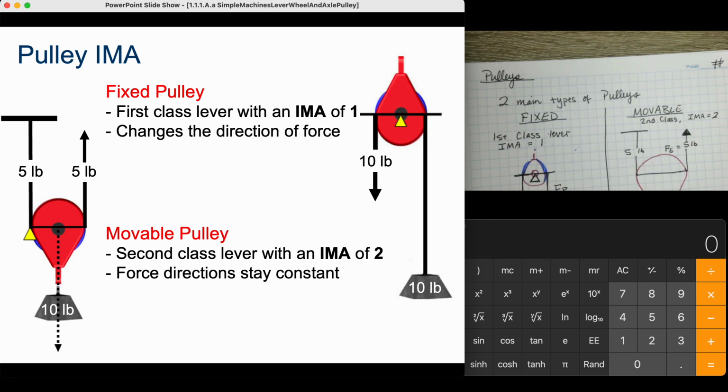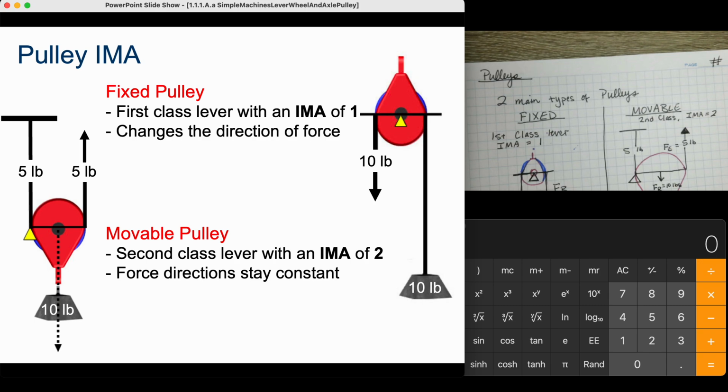Okay, and I'll draw my little example lever here. Okay, I think we've got everything right. And then the force direction actually is staying constant here.